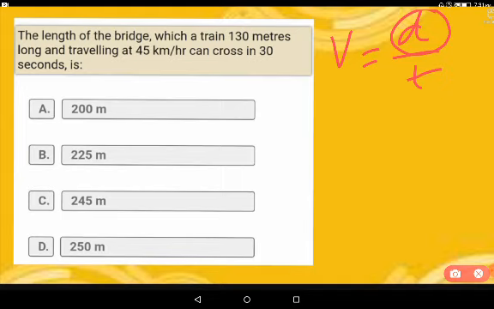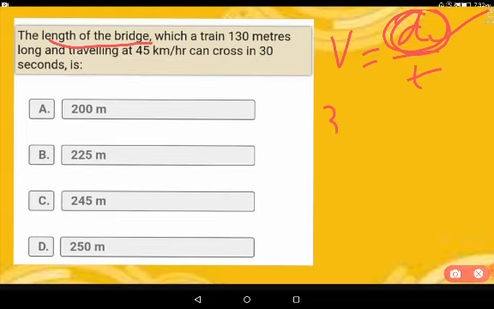If the question considers point objects like a pole or a man, we will exclude the length of the point object, and we will only include the length of the train as the distance. But in this type of question, they are considering the length of a bridge. So in this case, both the train's length and the length of the bridge are included.